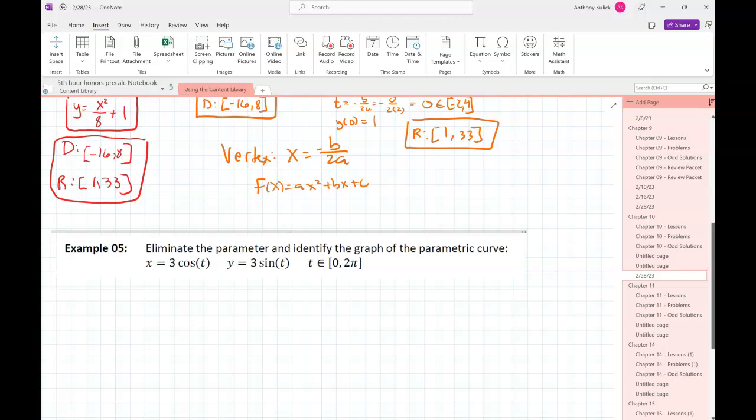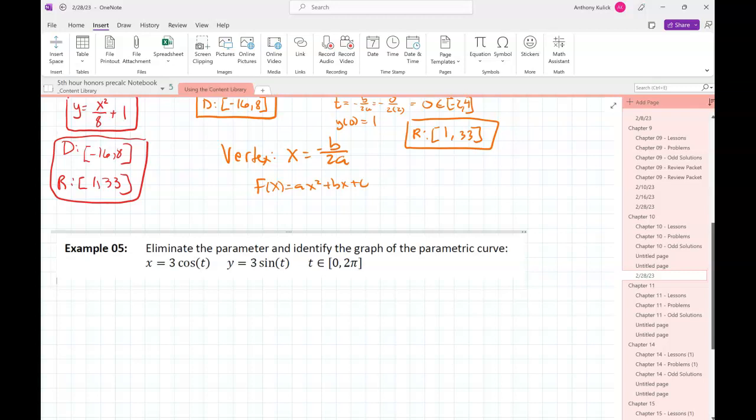Okay. Here we're asked to eliminate the parameter. Oh, boy. I don't like to look at this at all, Mr. Kulik. What's freaking you out here? I mean, for me, it's the trig-ies, right?